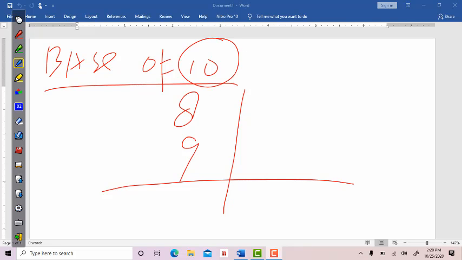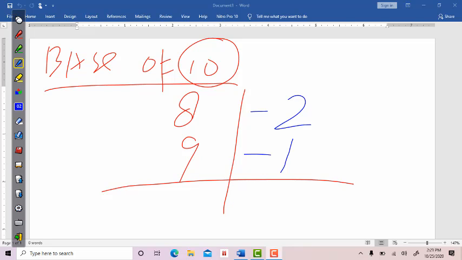When we take this number 8, we can say that it needs 2 more to get to 10, right? That means it lacks 2 points, so the number that we have to put there is -2, because lacking means minus. And 9 lacks 1 of 10.